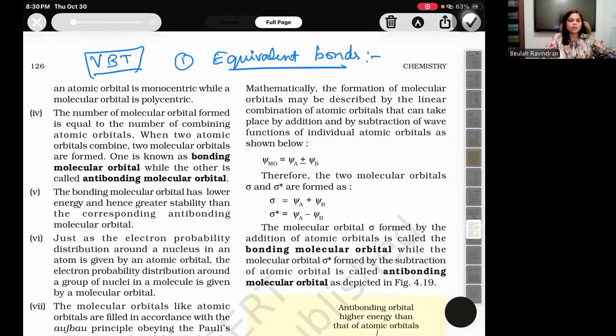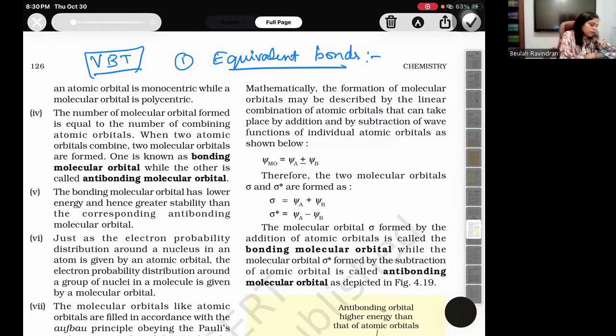Take down: difficulty in analyzing molecules with multiple identical bonds, like those found in certain organic compounds or resonance structures. That is equivalent bonds.